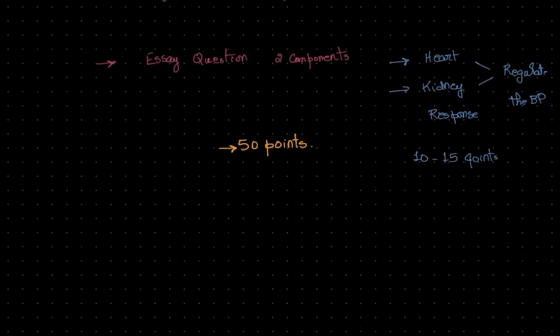So let's start first with the essay question. The essay question is asking about how the kidney regulates the blood pressure and how the heart regulates the blood pressure.